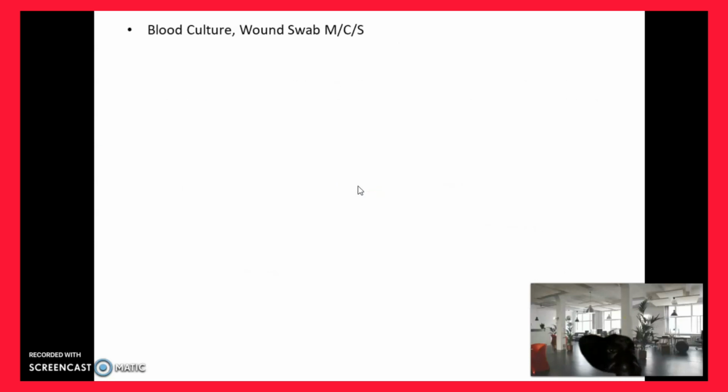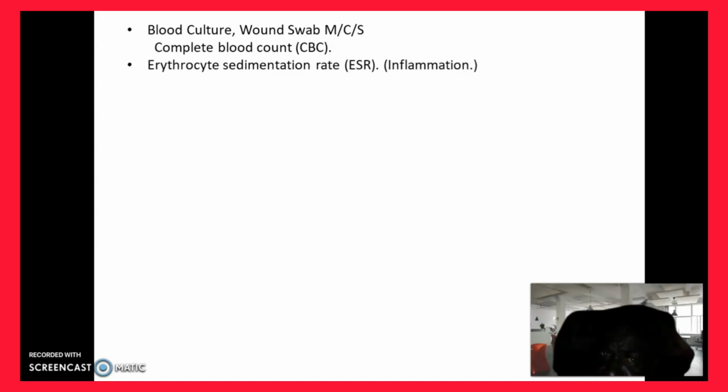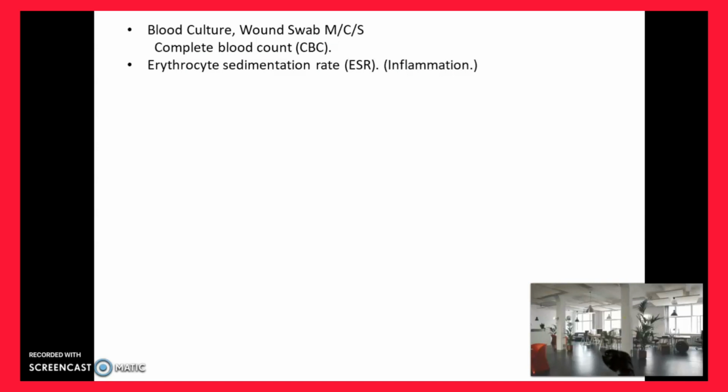Blood culture is also, from what we have said, once it's hematogenous, you can think of blood culture to really find the causative organisms, which have been predicted as Staph aureus, strep, and co. Then the wound swab too of the operation sites. You can also do complete blood counts for infection to know whether there is an increased level of the WBC, that is the white blood cells. The erythrocyte sedimentation rate checks for inflammation and infection.